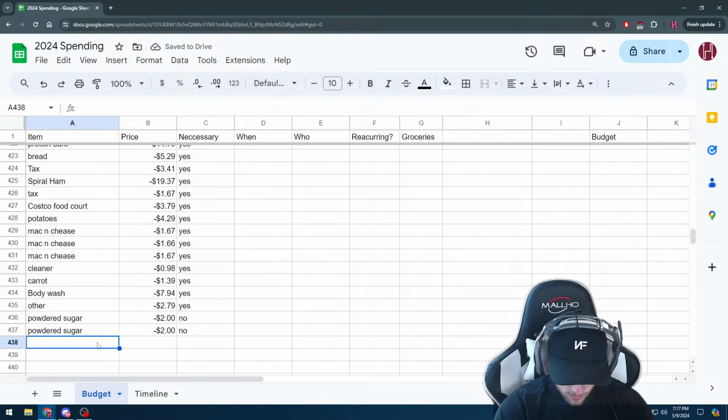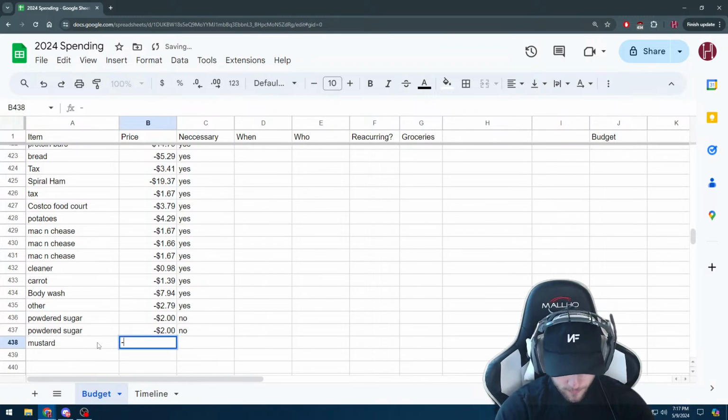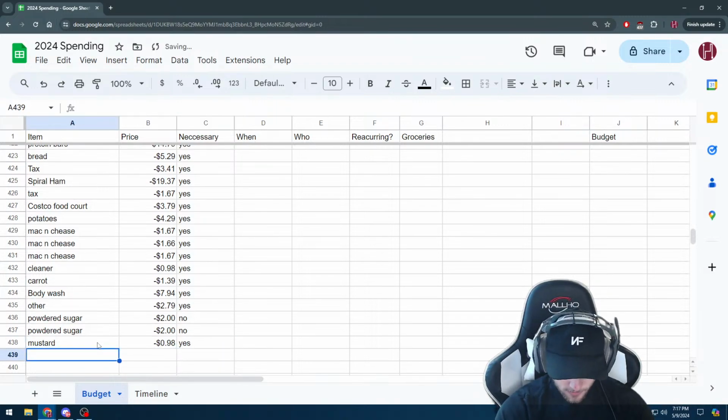Again, I think that was a treat to make like icing or something. We got some mustard. 98 cents. Good price.